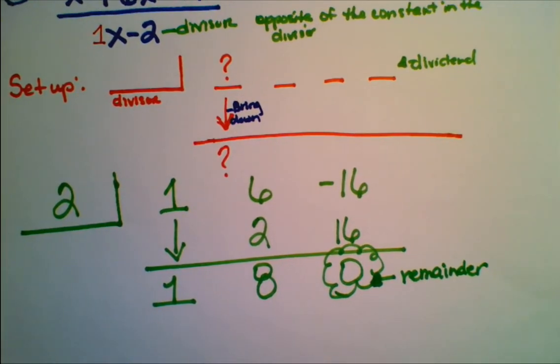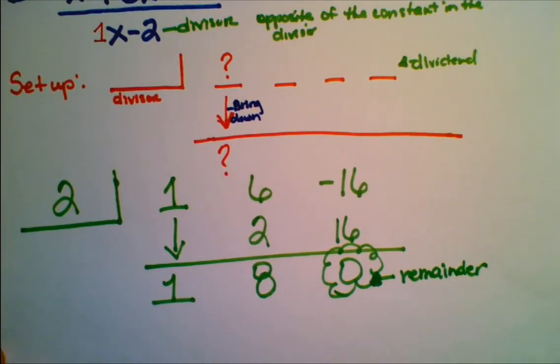So we're that much closer to writing our answer. We have 1 and 8. Now, how do you know what variable you're going to put behind what? Well, you're going to start off with this first constant term.